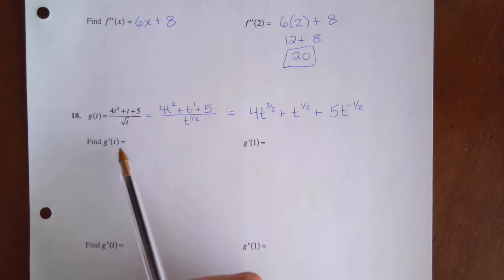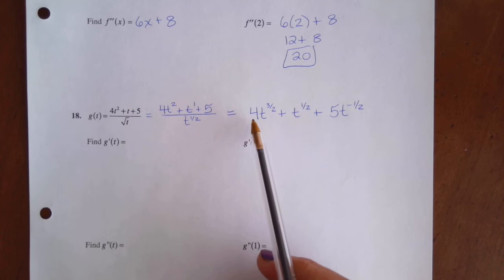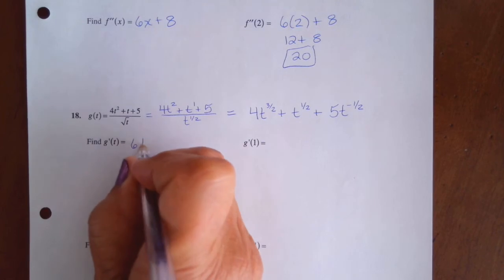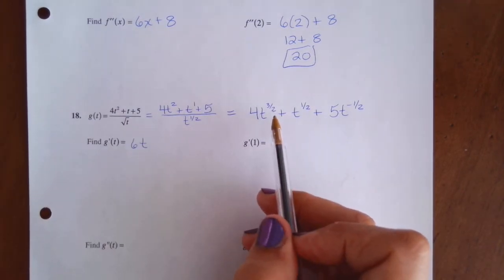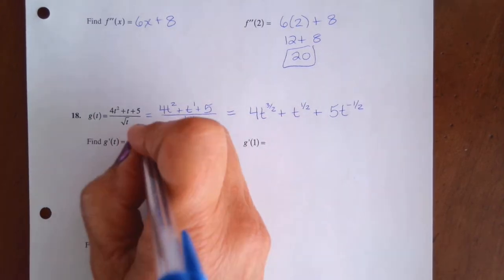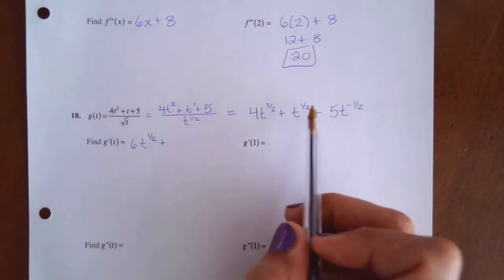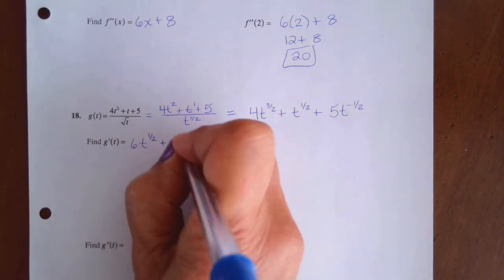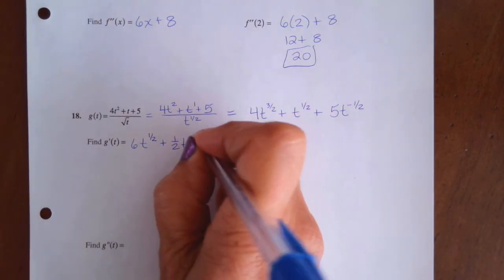Okay, so g prime of t. So we're going to multiply 3/2 times 4. Okay, 3/2 times 4, that's 12/2, which is 6. So that would be 6t, and then you're going to subtract 1 from 3/2. If you subtract 1 from 3/2, that gives you 1/2. Plus, this one has no constant, so we're just bringing the 1/2 out front. We're subtracting 1 from 1/2, so 1/2 minus 1 is negative 1/2.